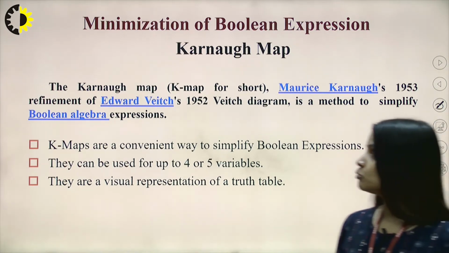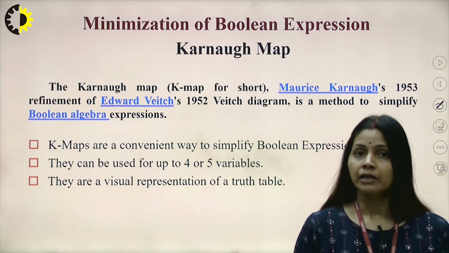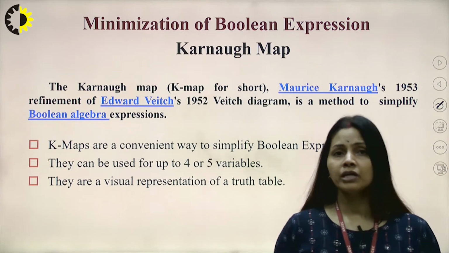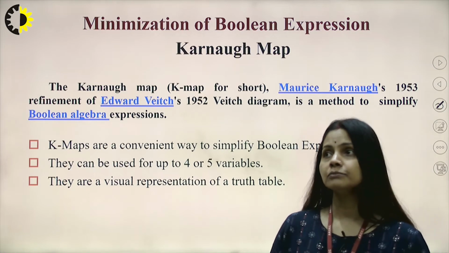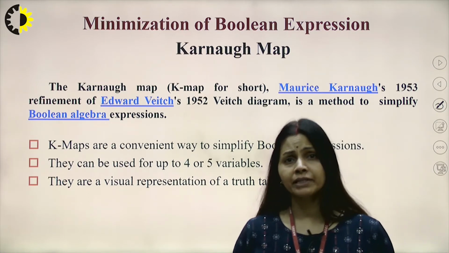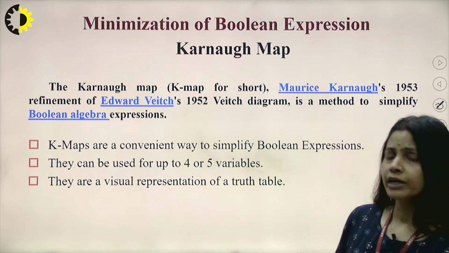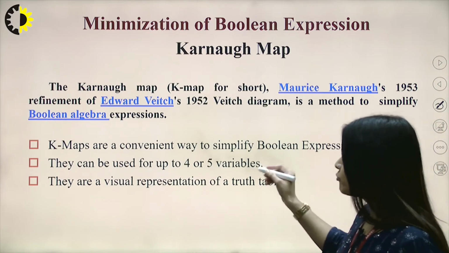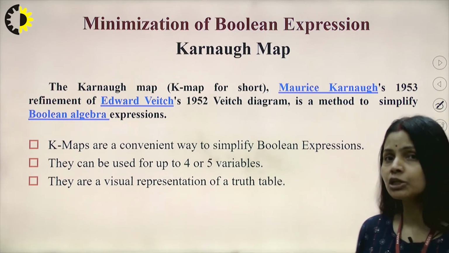They can be used for up to 4 or 5 variables, right? For 6 or more we have other methods for solving the Boolean expression, like the tabular method. We can also apply the tabular method for 4 variables, but for 4 or 5 variables the K-map is a convenient tool.